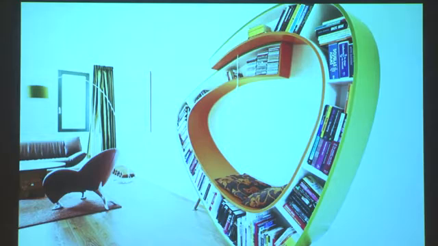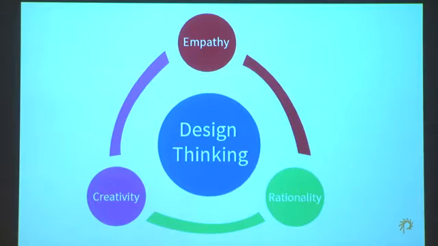Solving the problem is. We also practice a process called design thinking, which involves creativity. It's mixing creativity, rationality, and of course, empathy. Now, while this talk is about empathy, empathy on its own is just feeling, a lot of it.